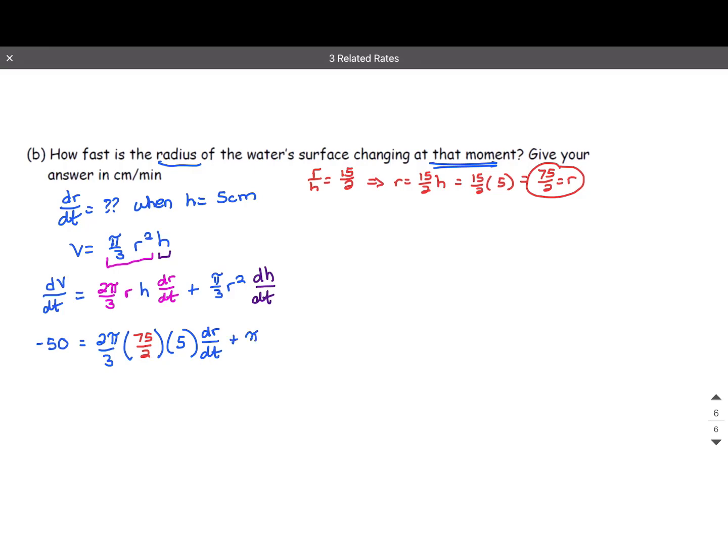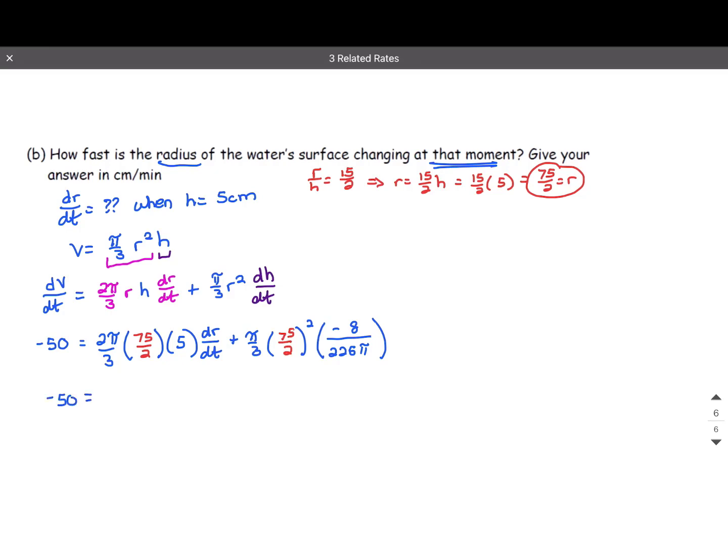Plus pi over 3 times r, which is 75 over 2, squared, times, we found that dh/dt was negative 8 over 225 pi, and I would not use the negative 0.011 here. You cannot use a rounded answer in this part of the problem. Okay, so now I'm going to have negative 50 equals.